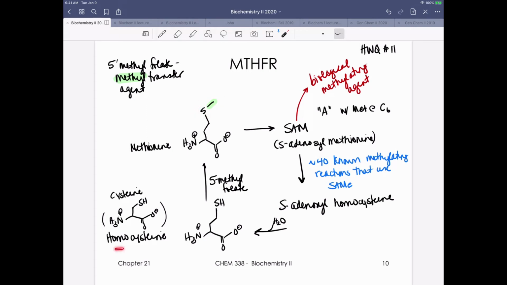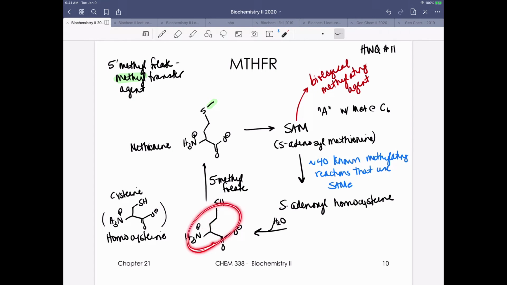So why is this called homocysteine? We really didn't address this last semester when we learned about MTHFR because we really hadn't done amino acid structures yet. But if you look at the structure of cysteine, cysteine has a single methylene group before we have our thiol functional group. So homocysteine is just a homolog of that, where we have the same functional group at the end, but there are 2 methylene groups here.